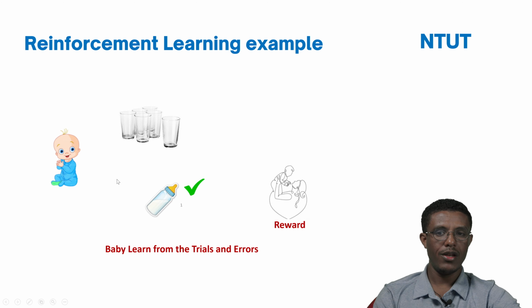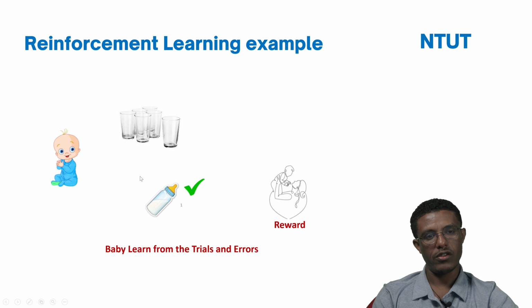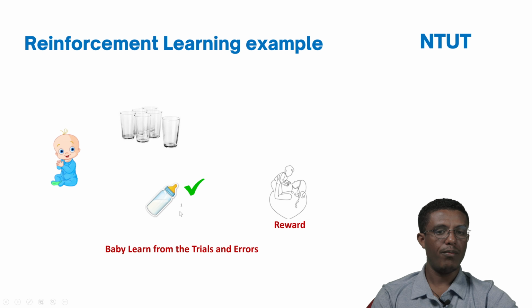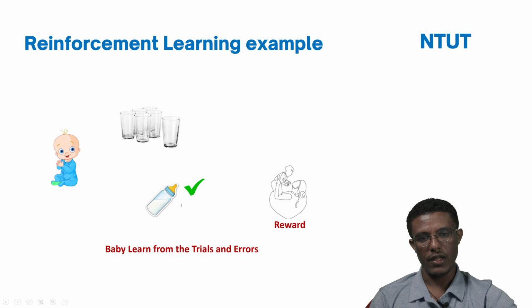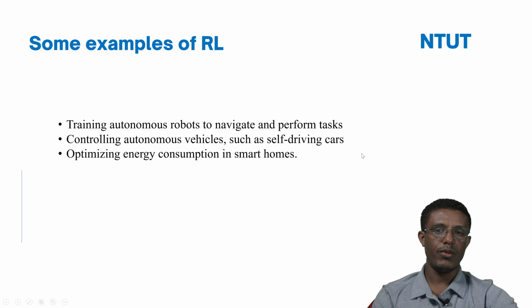The next time, in order to get this reward, it tries to understand what type of actions it can take to get this milk. This is the way reinforcement learning works.